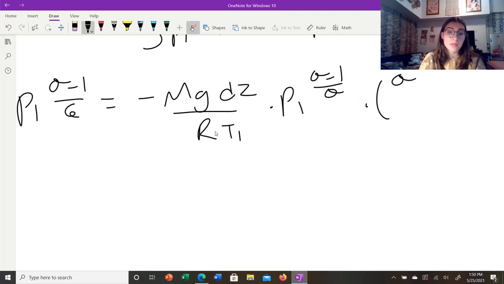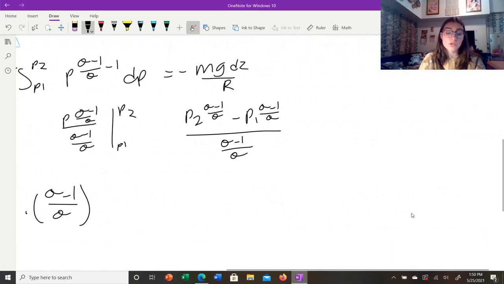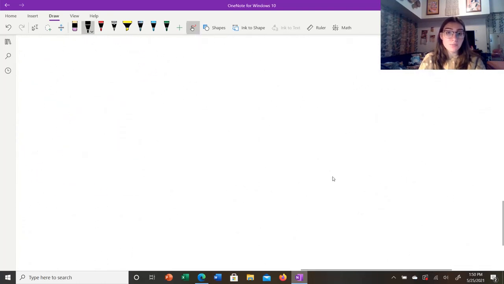Now we're multiplying the (gamma minus 1) over gamma that was on the left before over to the right. So that's what we did in that step, because what we're trying to solve for here is the pressure. At this point, we're getting close. Now we just have to simplify and get P2 by itself.